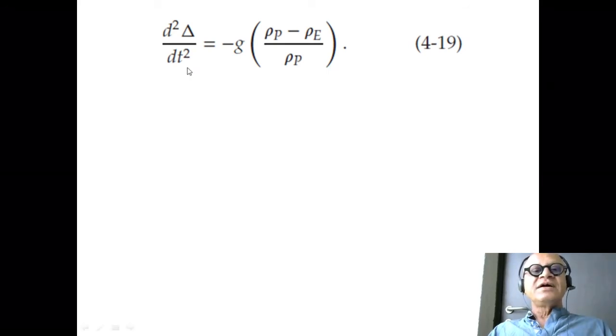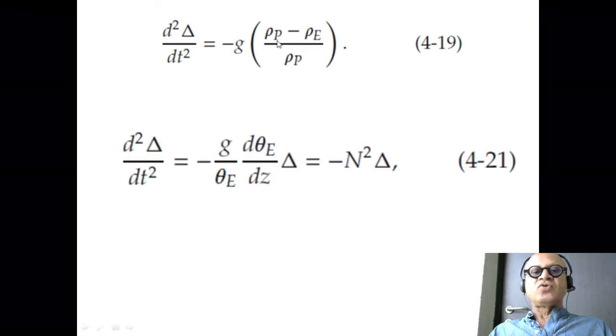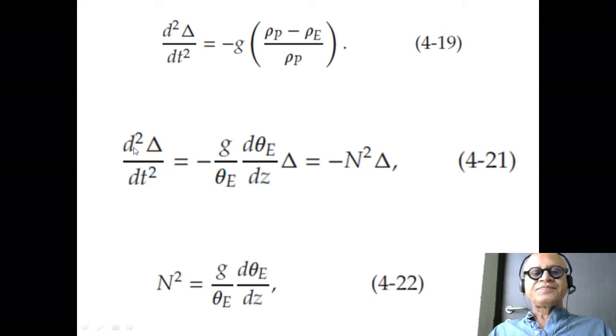So d squared delta dt squared is minus g (rho P minus rho E). So you replace it with the theta E relation we produced, and we are back to our familiar buoyancy frequency, so that ends up as minus N squared delta. Obviously N squared is positive, so this is a negative term, which means we are going to get wave solutions. So N squared is g over theta E d theta E dz.